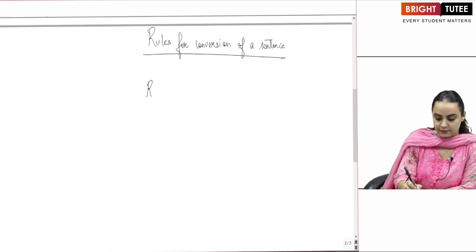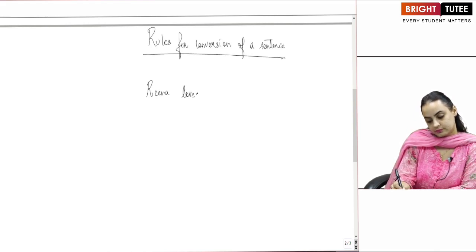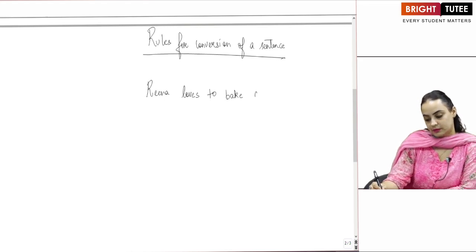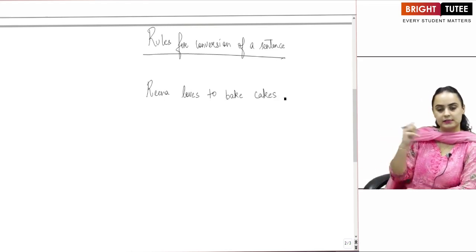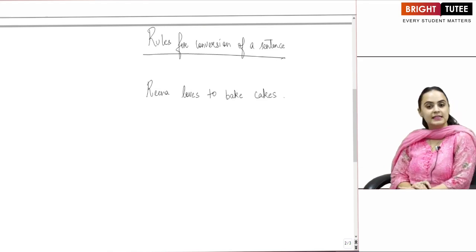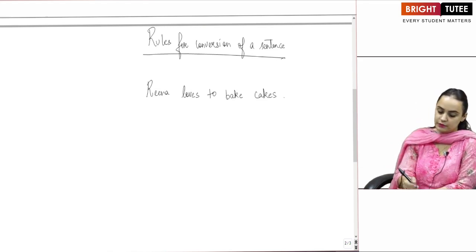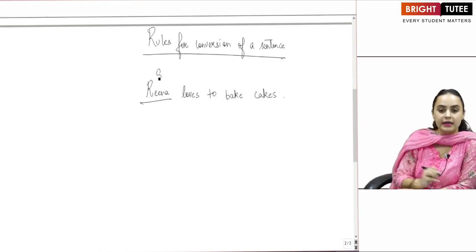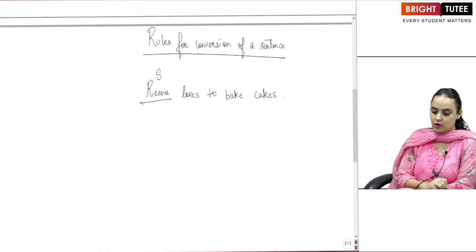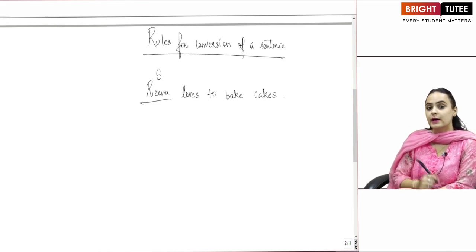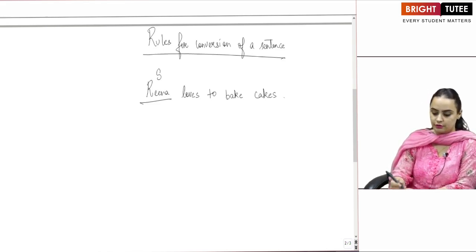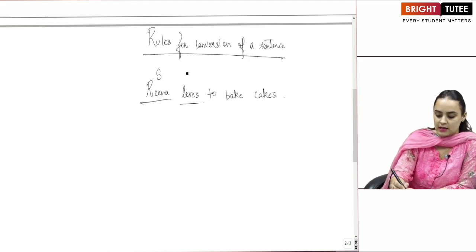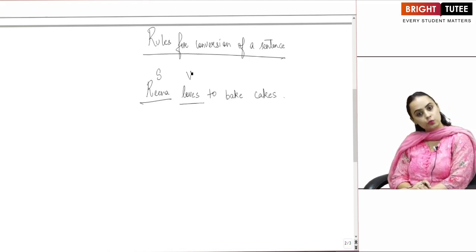If I say, Reena loves to bake cakes. This is a sentence which is given to you. In this sentence, what is Reena? Reena is my subject. What is my verb? What is my action word over here? My action word is loves, which is the verb.